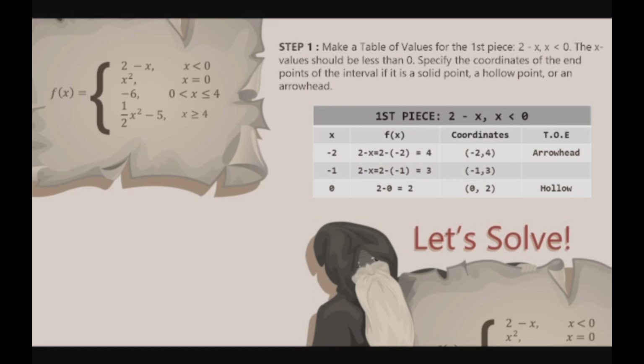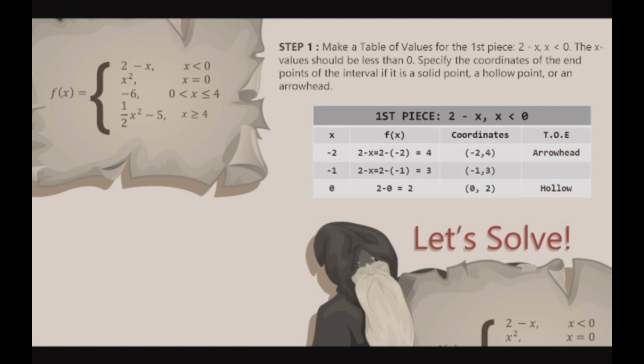So if x is negative 2, let's just plug this in. 2 minus x equals 2 minus negative 2 equals 4. If x is negative 1, then 2 minus x equals 2 minus negative 1 equals 3. And for 0, of course, 2 minus 0 equals 2.